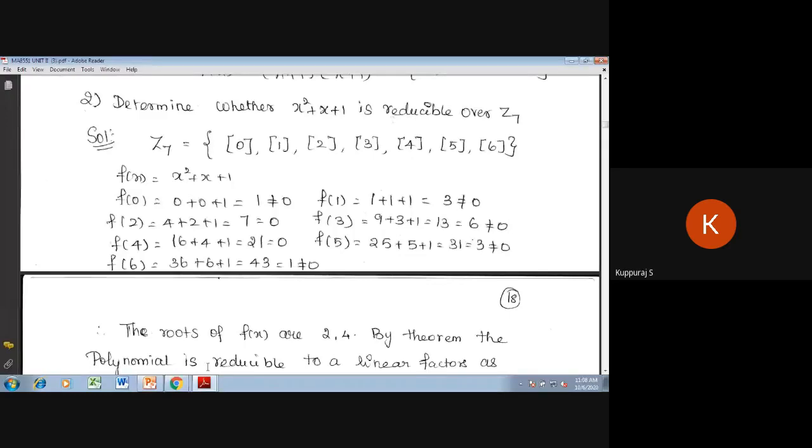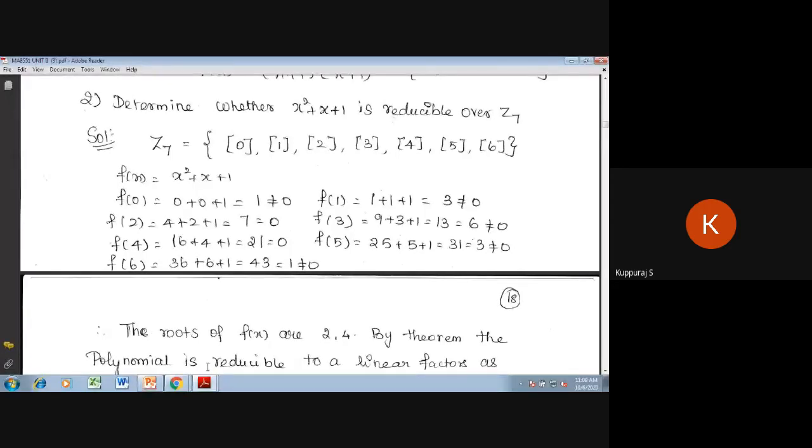For getting the roots, putting x equal to 0 to 6 in the given polynomial. Okay, what are the x values which will make the given polynomial 0? So find f of 0, f of 1, f of 2, f of 3 up to f of 6.